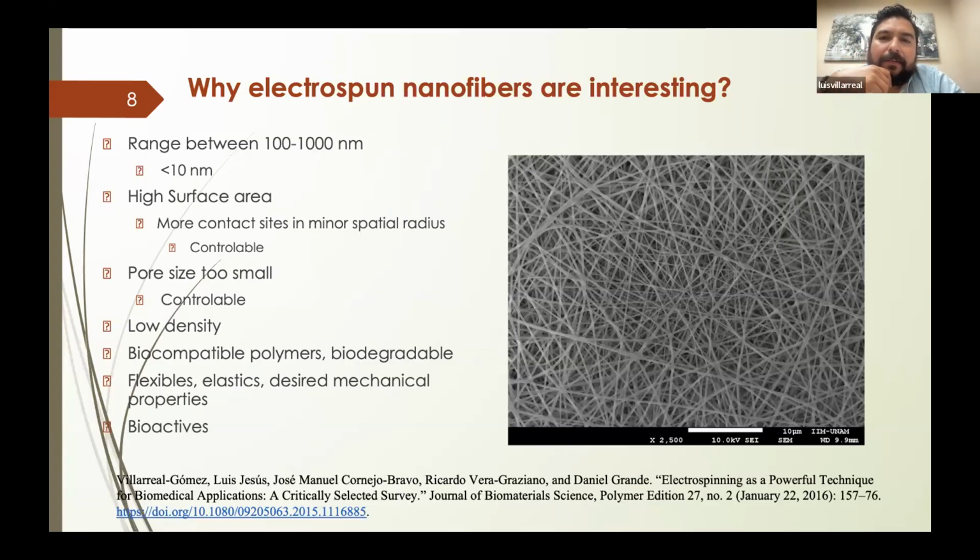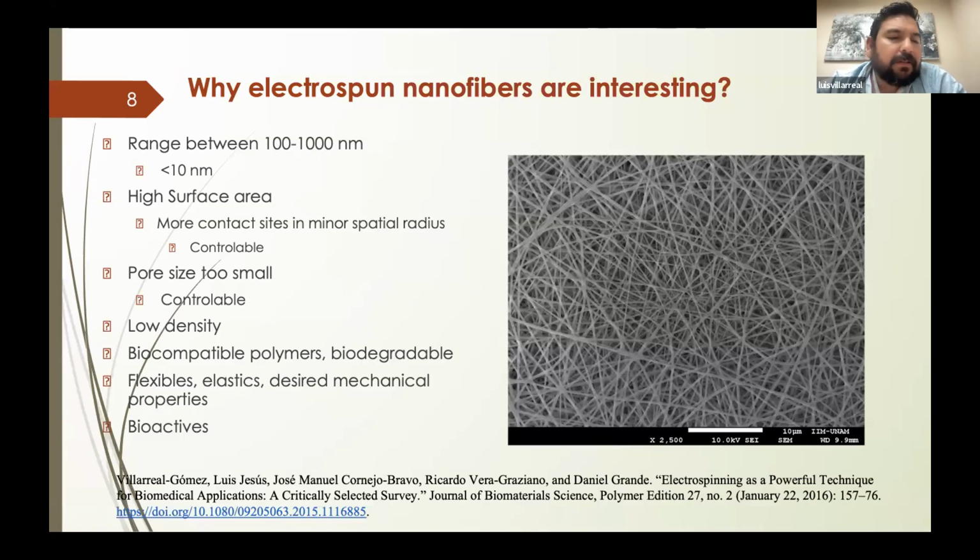One of the important things of these fibrous scaffolds is that they possess high surface area, and this high surface area creates more contact sites in a minor spatial radius. You can control this area. You can control the porosity also. You can have a small pore size, or you can prepare a bigger size, depending on the applications.